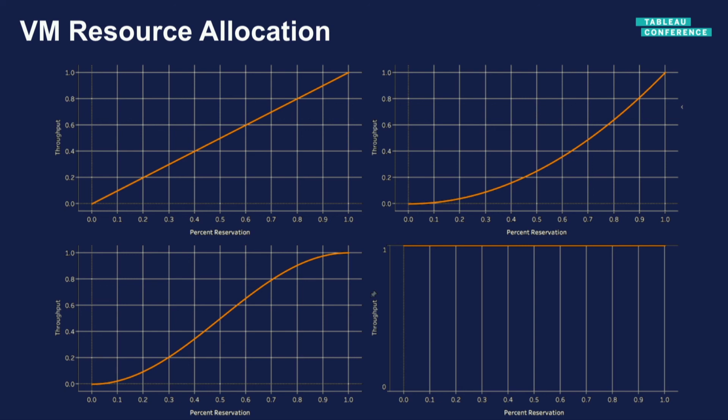I see a few hands. All right. How about the option on the bottom left, that nice S-curve shape where things grow slowly and there was an inflection? All right, I see some more hands. And how about that last option on the bottom right, where throughput just never changed no matter how much CPU we reserved? I don't see any hands up, but I'm guessing we all wish that was how VMs worked. I think we can agree that'd be pretty awesome.